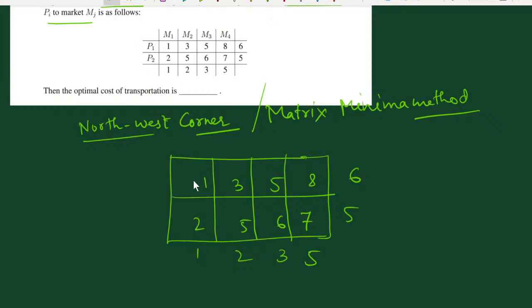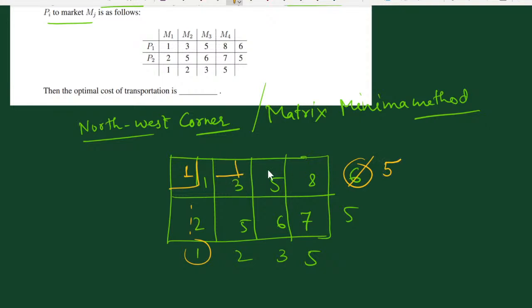If we apply the northwest corner method, we start from the north-west cell. We allocate the minimum of 6 and 1, which is 1, so this is exhausted and the remaining is 5 units.